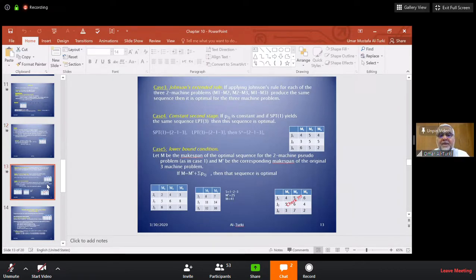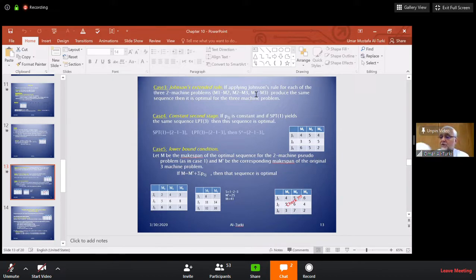Case 3, we have Johnson's extended rule. Johnson's extended rule: you apply Johnson's rule to each of the 3 two-machine problems, so you take all combinations of two-machine problems. These are the 3 possible combinations. If you apply Johnson's rule on each one of them, and you get the same sequence, then that sequence is optimal.